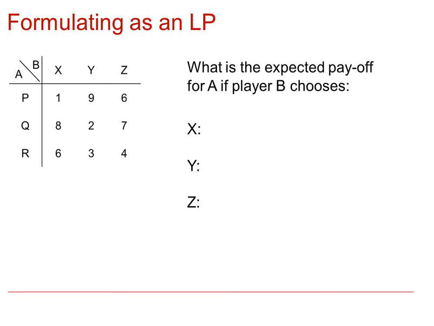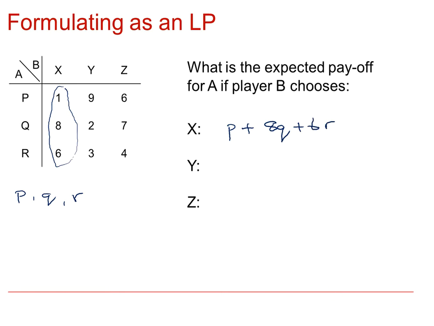So given that the probability of player A playing P is small p, and for Q small q, and for option R small r, then we can work out the expected payoff for this new transformed payoff matrix for A if player B chooses X. So looking down those columns, for X, that would be 1 lot of p plus 8q plus 6r.